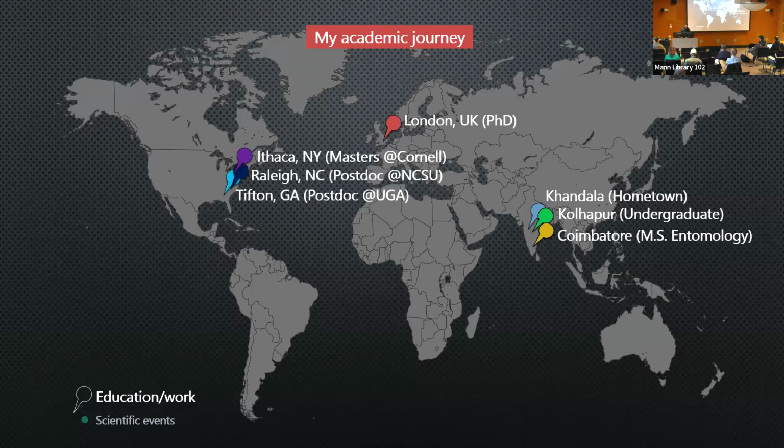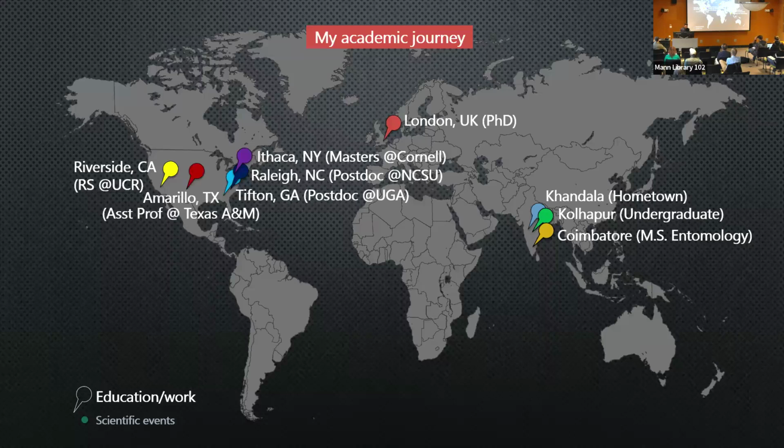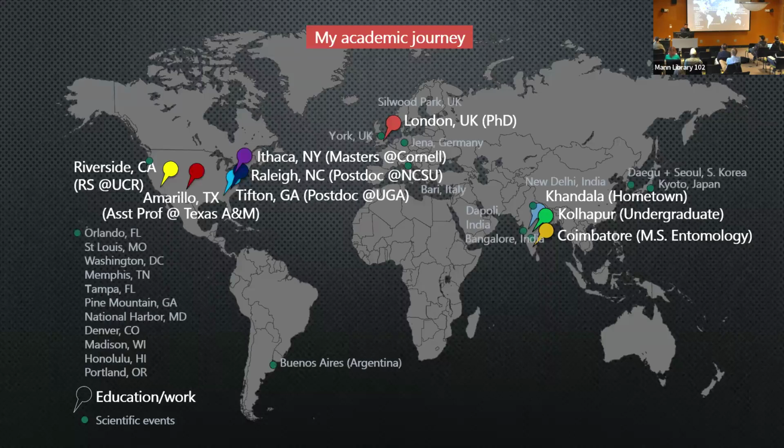Then a couple of postdocs later, I ended up in my current position at Texas A&M University, where I lead an interdisciplinary insect vector virus interactions, or rather system program. And I've been very fortunate to be able to travel to different places for business or scientific events.